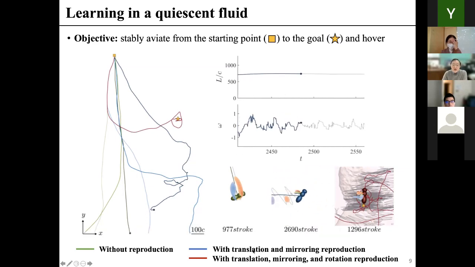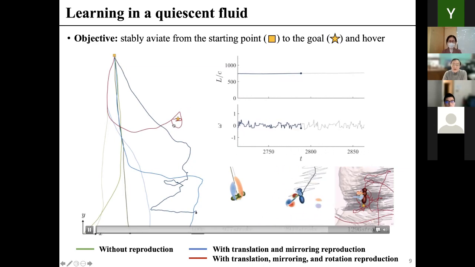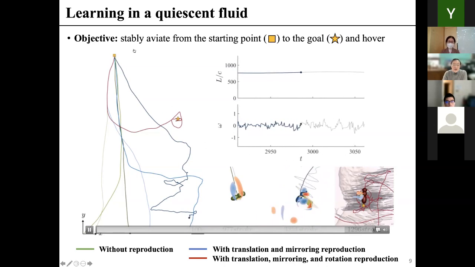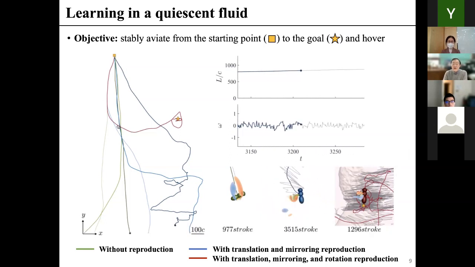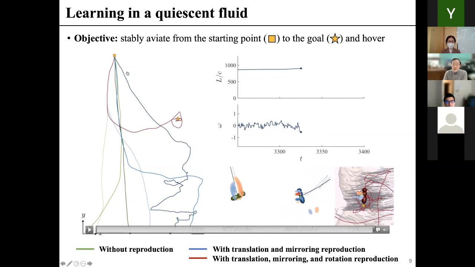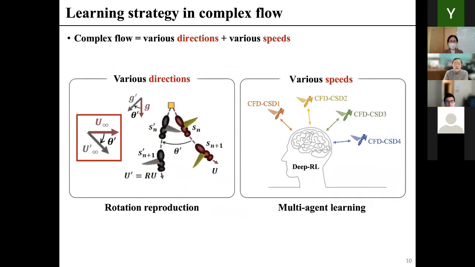However, if you consider all the data reproduction techniques we mentioned in the earlier slide, then the red line indicates successful maneuvering of the flight. This process contains the training of the reinforcement learning algorithm, and the loss function is obviously the distance between the current location of the flyer and the goal. This is the example showing how these data reproduction techniques were successful.